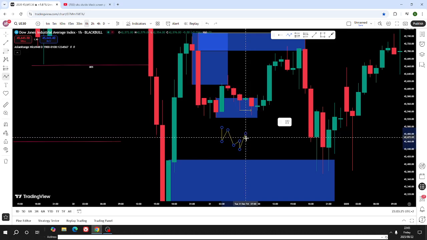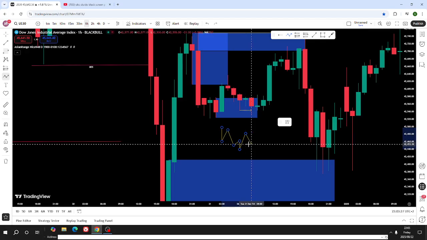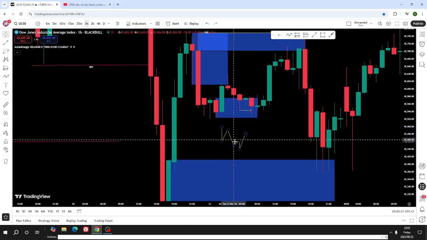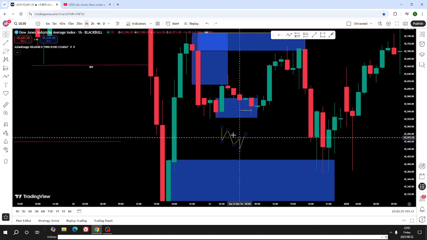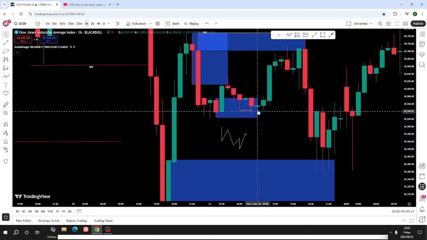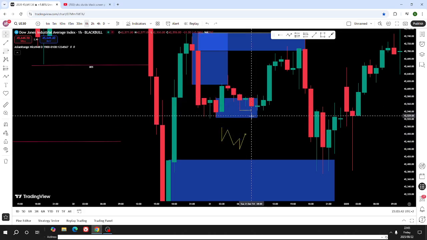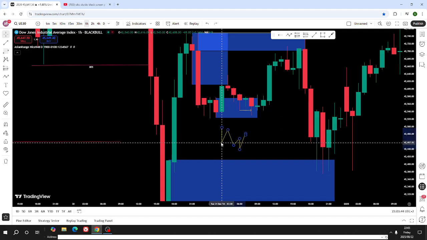After indicating change of character, it comes right over here onto the supply zone, which is this one, on lower time frame. When it comes here, that's when this one closes.